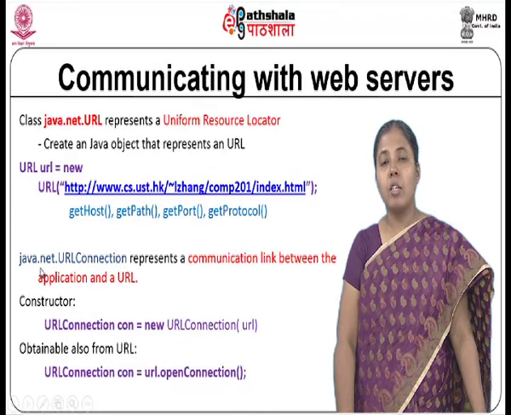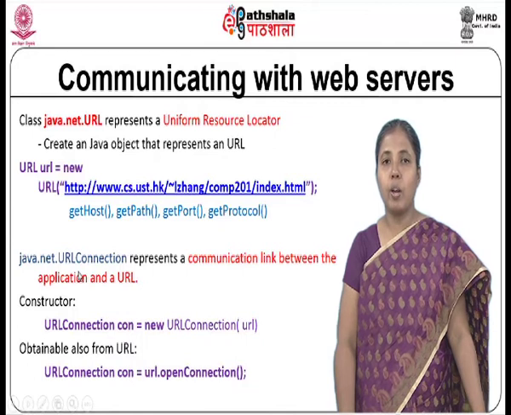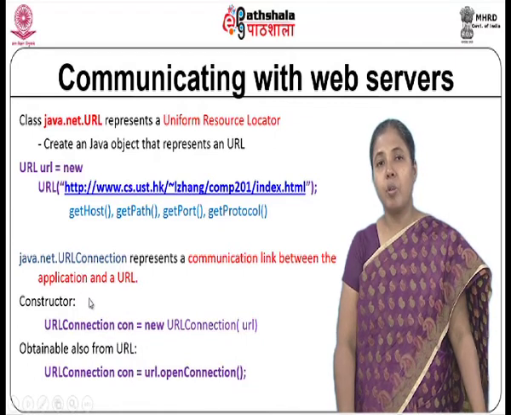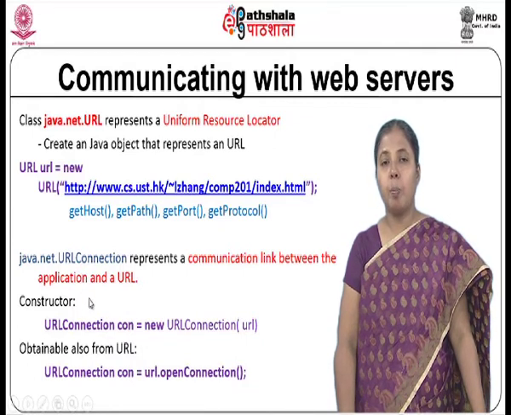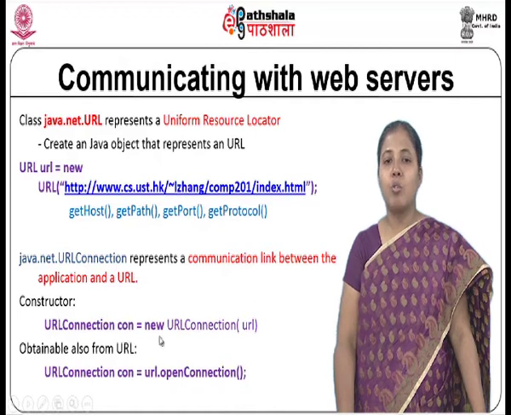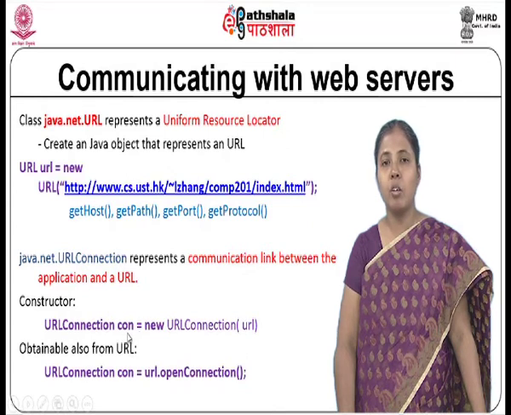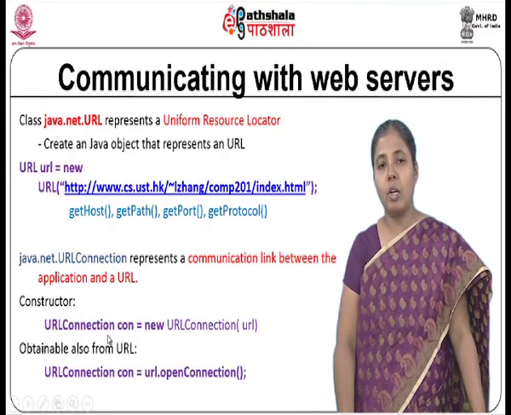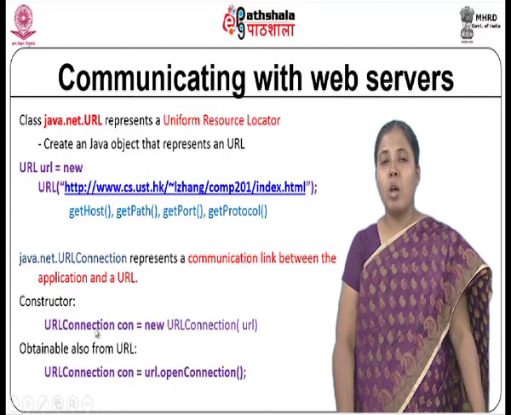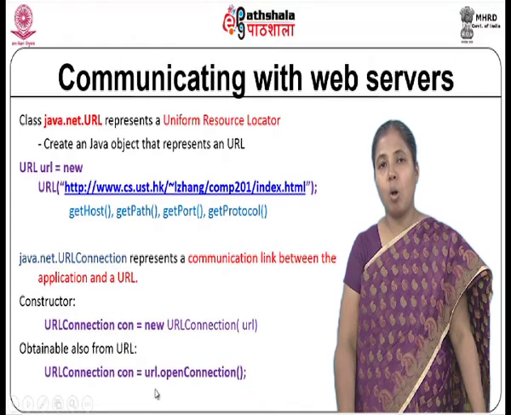In the java.net package you have a class called URLConnection that represents a communication link between the application and a URL. The constructor of the URLConnection class looks like this. You can directly make a new URLConnection and create an object of it, where con is the object of this class. This URLConnection object can also be obtained with the URL object.